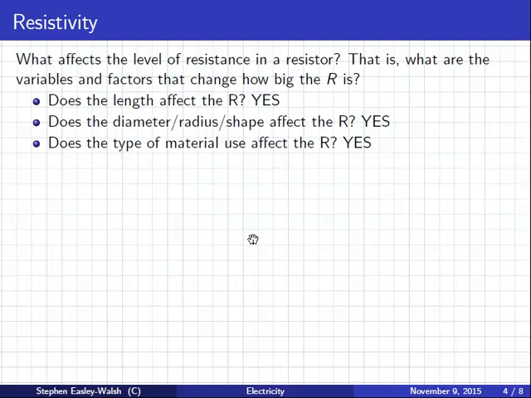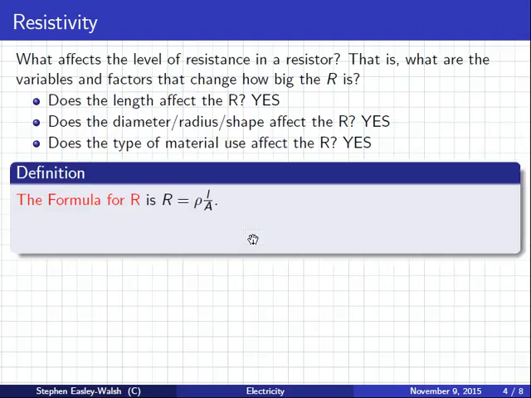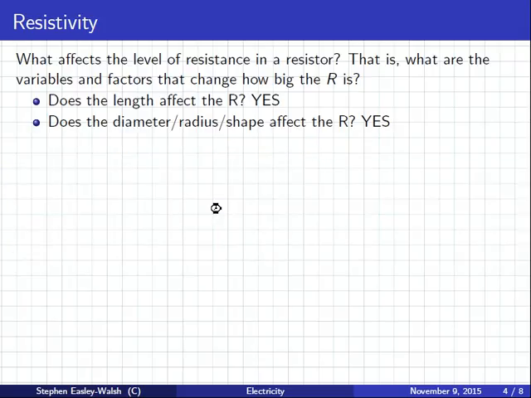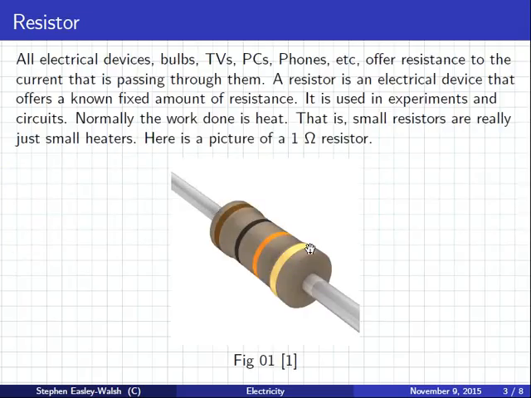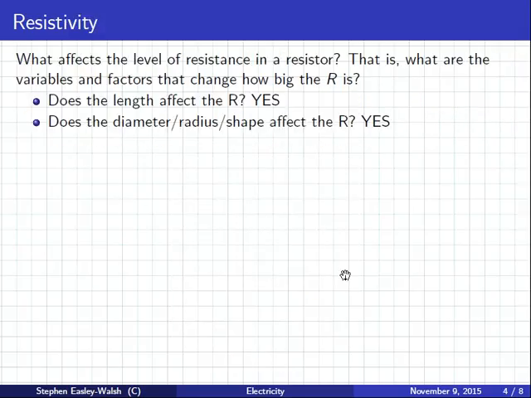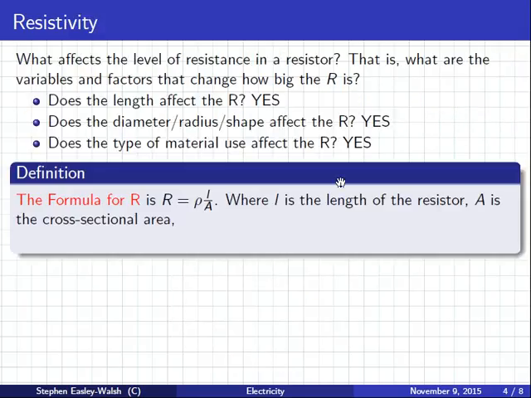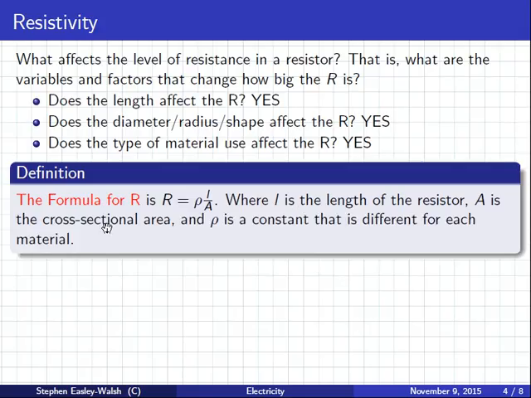Yes. So in fact we have a formula to calculate the resistance, and you can see there it's the length divided by the area, and by area I mean the area here on the end. So length is L, A is cross-sectional area, and this rho is a constant.